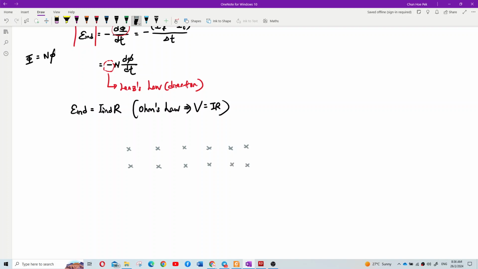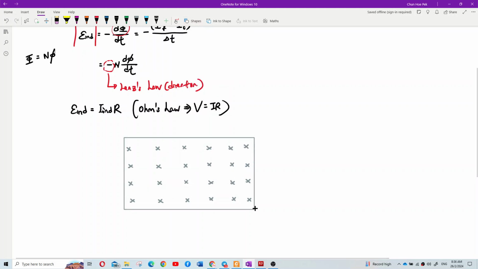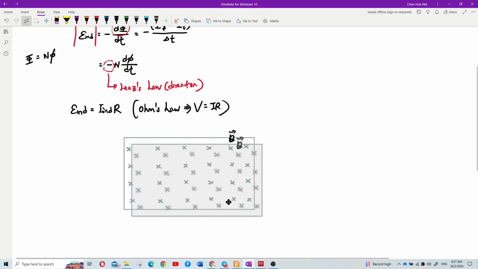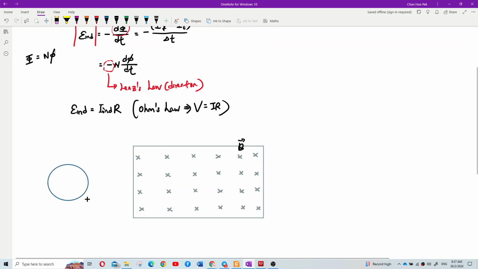This is a region with magnetic field, and these are all the magnetic field directions. So right now, I want to have a coil. Let's say I have a coil.